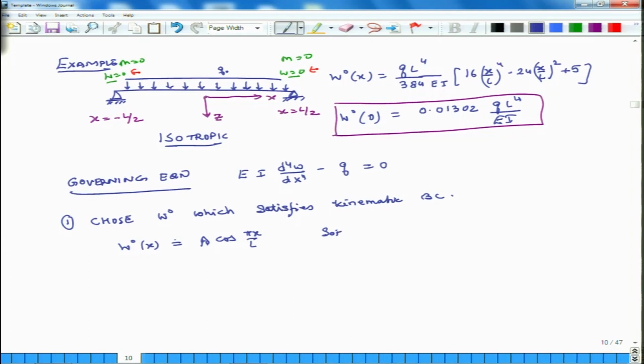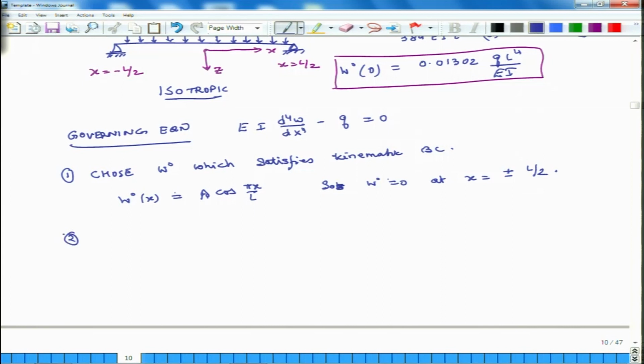So W naught is equal to 0 at x is equal to plus minus L over 2. So all the kinematic boundary conditions are satisfied, and we don't care about the moment related boundary condition in this case.